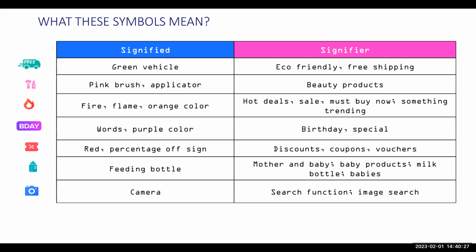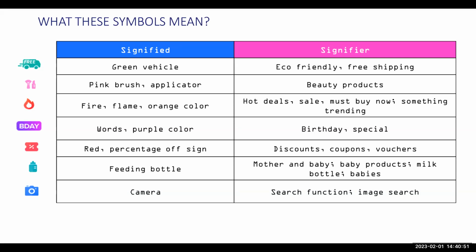I know we don't create that kind of symbol on a shopping app, but you need to see whether the symbols you use have meanings that are relevant in the country you're using them in. It could mean different things in different countries, in different markets. You need to keep that in mind.